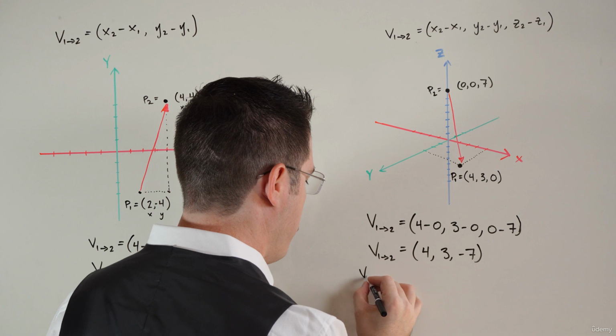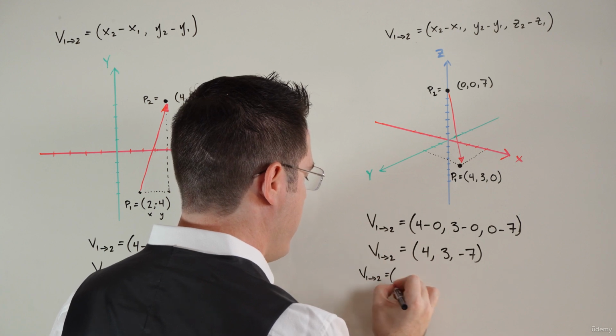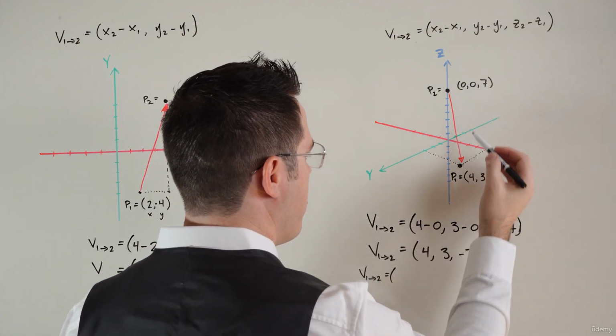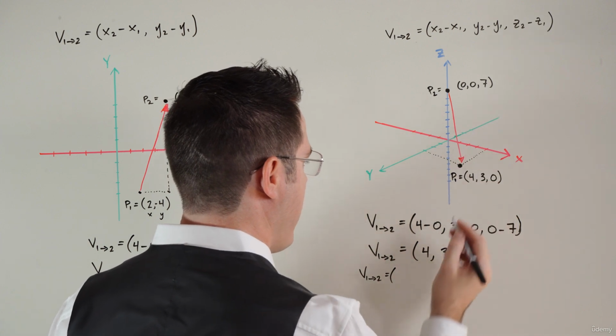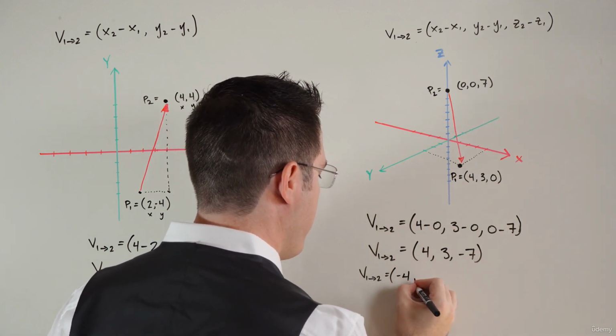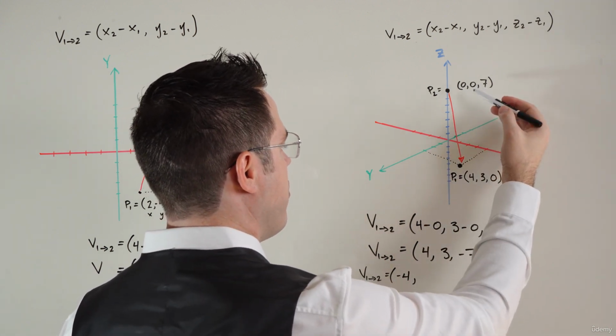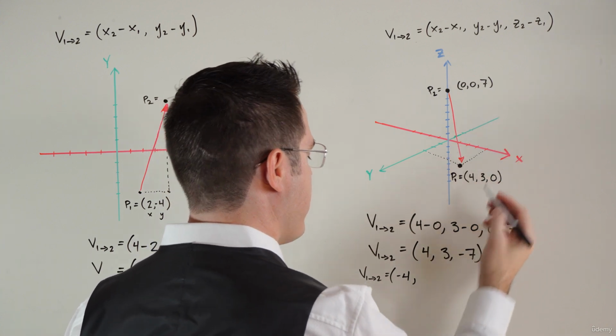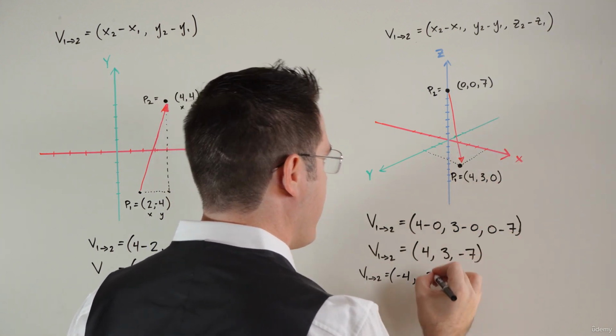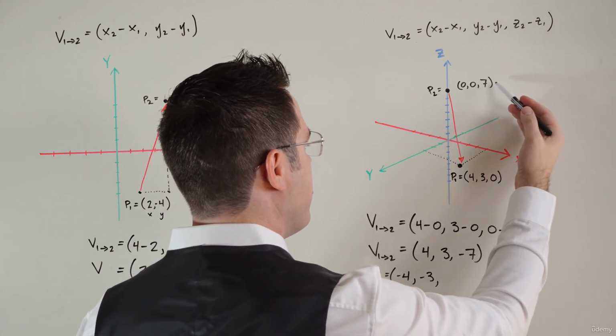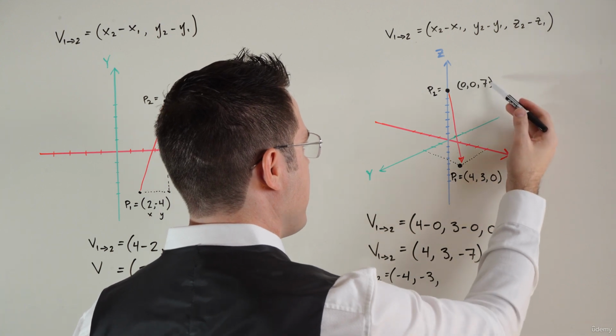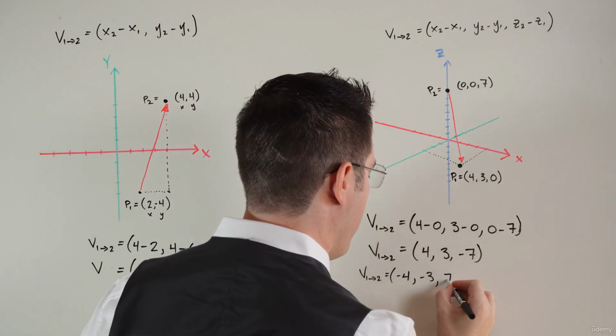So the vector from point 1 to point 2 is going to be x2 minus x1, 0 minus 4, which is -4, y2 minus y1, 0 minus 3, which is -3, and z2 minus z1, or 7 minus 0, which is positive 7.